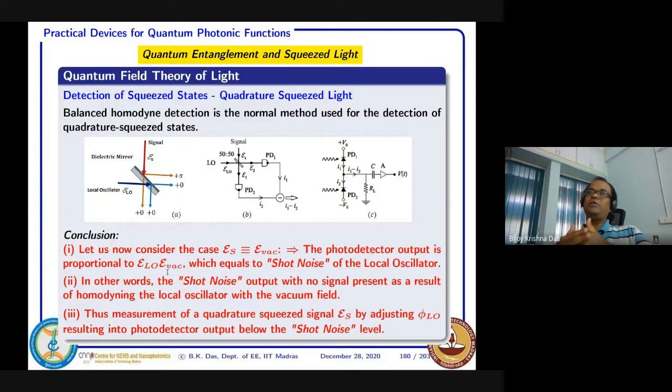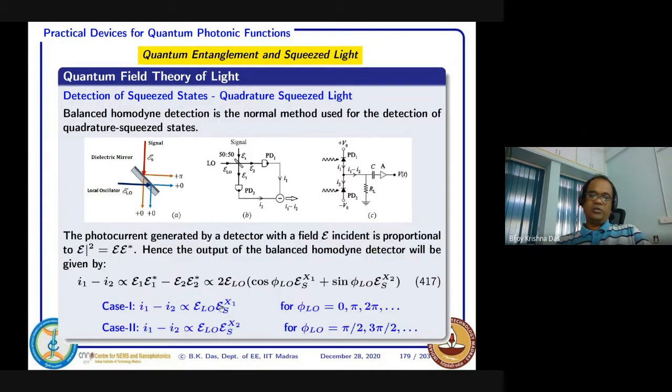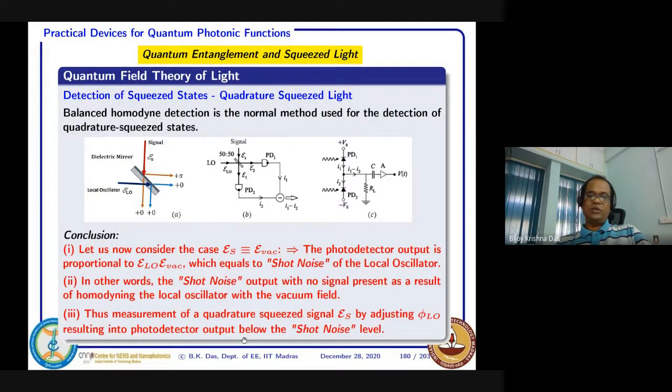So squeezed means your phase noise or amplitude noise. For example, here we are considering only phase. If the phase is squeezed, then you can get some value corresponding to that. So because of the squeezing, you will actually be getting output which is lower than the shot noise.